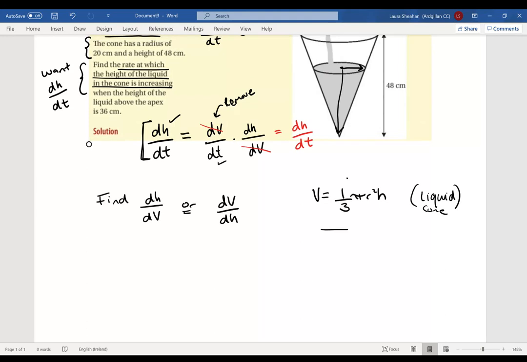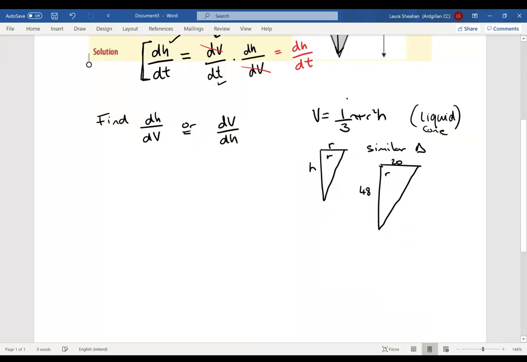I'm just looking at this section, with its own radius and height. But that is a similar triangle to the main cone, which has a height of 48 and a radius of 20. So with similar triangles, I know that r over 20 has to be in the same ratio as h over 48.